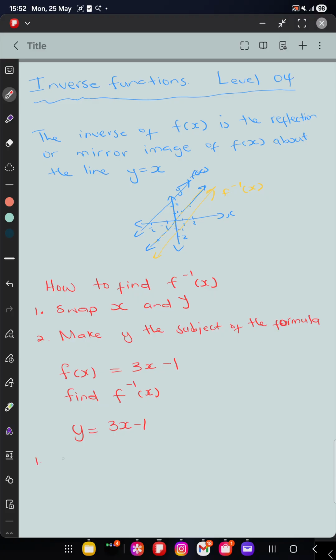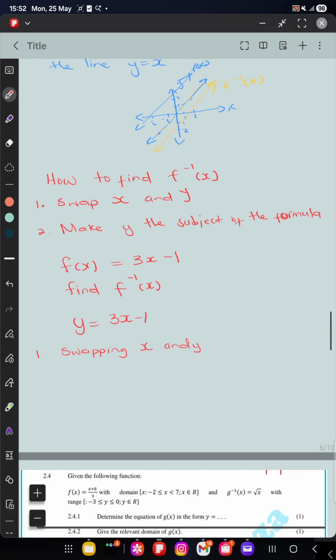Number one, I am swapping x and y. All right, let's do that. So I'm going to have x equals 3y minus 1.